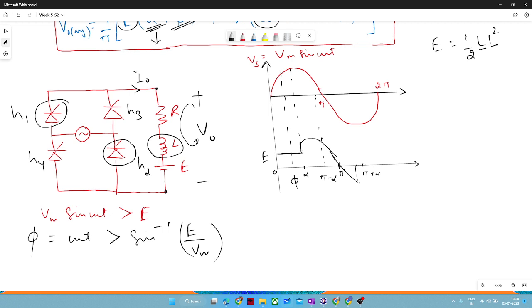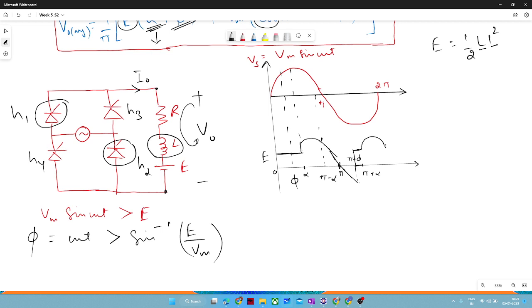So if you are saying that your conduction will go on till pi plus phi, you mean that it will not conduct for the period from pi plus phi to pi plus alpha, and it will again follow this kind of waveform, the pattern of supply.